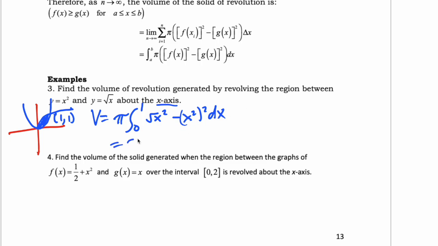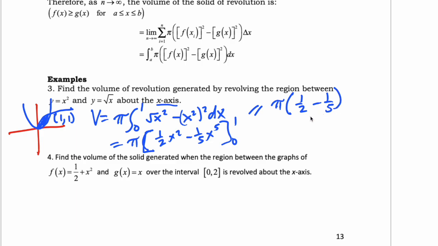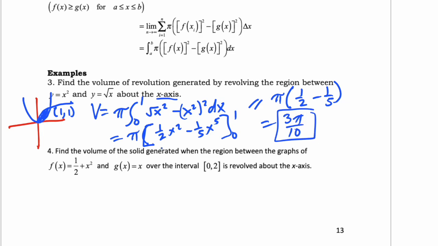This equals pi times half x squared minus 1/5 x to the power 5 evaluated from 0 to 1, which equals pi times half minus 1/5, which is 5/10 minus 2/10, which is 3/10. So it's 3 pi over 10 is the exact volume created.